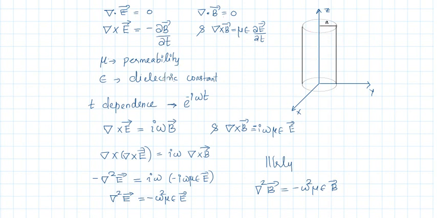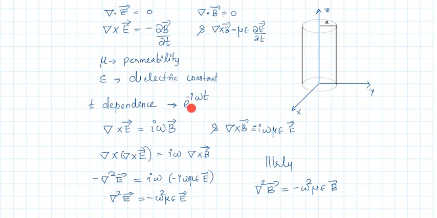Now, the first assumption: we assume that the t dependence of the electric field and magnetic field is of the form e raised to minus i omega t. That's our first assumption. That is, the time dependence of the electric field and magnetic field is sinusoidal.